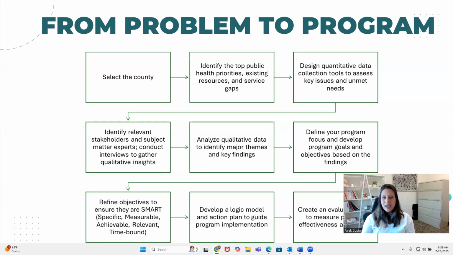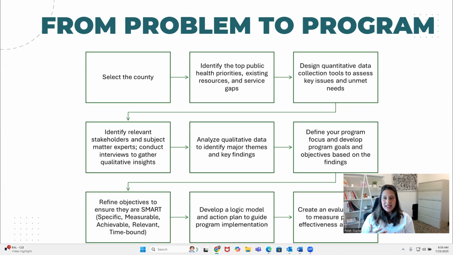I ask them to identify a relevant stakeholder in their community. It could be an expert in their community, someone who's working at the health department or an extension field, or a person working in a hospital, and I ask them to conduct qualitative interviews with them. This gives them richer insight into the local context, cultural factors, and hidden barriers that many times our reports don't capture.